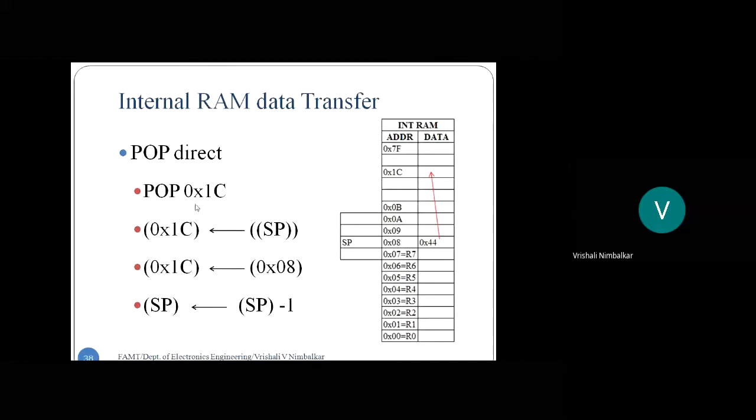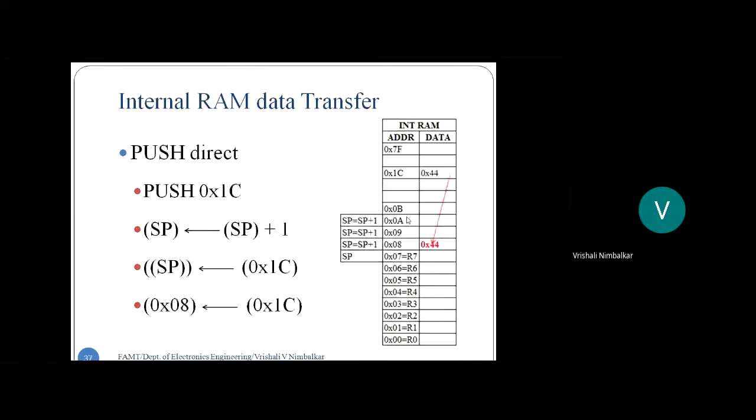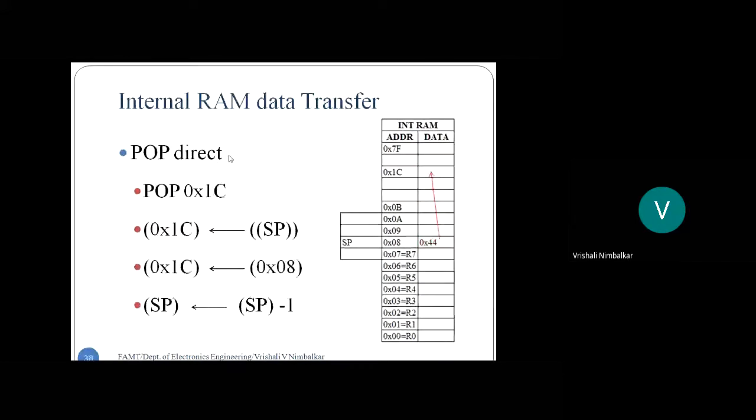Okay, so pop 1C hex means data from stack memory will be read and stored at 1C hex. Right? While reading, the data is read first. Wherever the stack is pointing, the data is read from that stack memory, and then the stack pointer decrements. See here, first the data is read and then the decrement. In push, you mention the source address, and in pop, you mention the destination address.